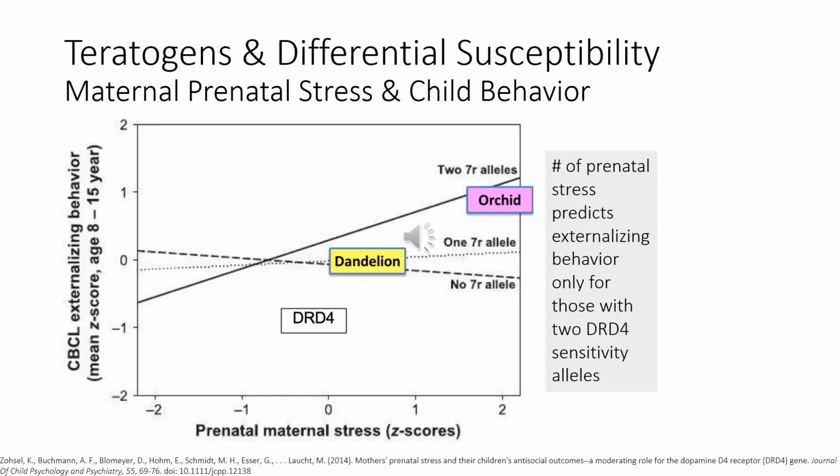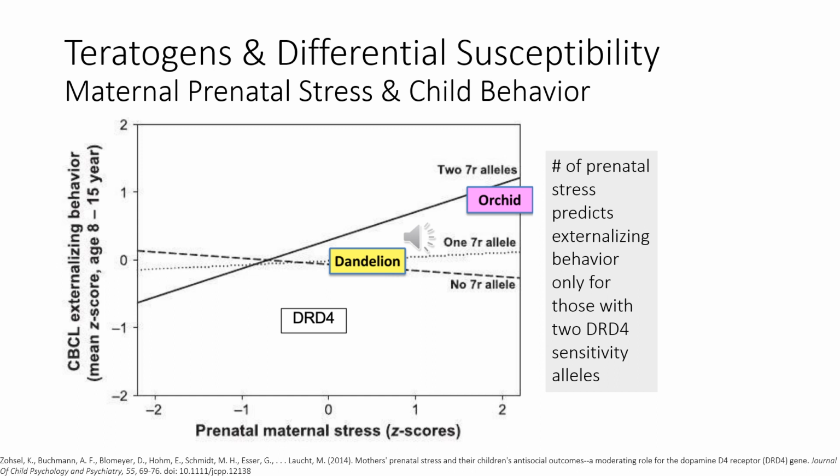So let's return again to the differential susceptibility research and how it relates to maternal stress during prenatal development. Even though we make these general statements that maternal stress can lead to negative outcomes for kids, we can see here that once again it can depend on whether you are genetically an orchid or genetically a dandelion. This was studying the DRD4 gene again, which is associated with dopamine, the same one as the smoking graph.